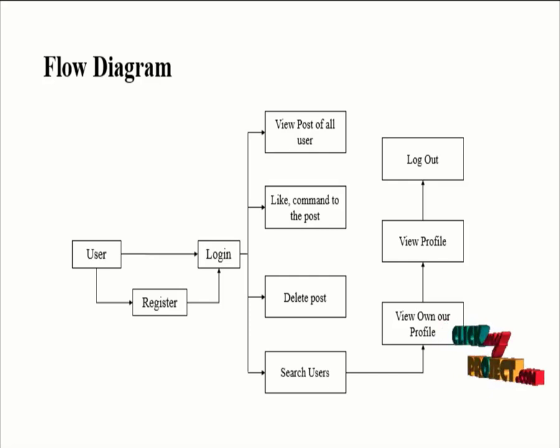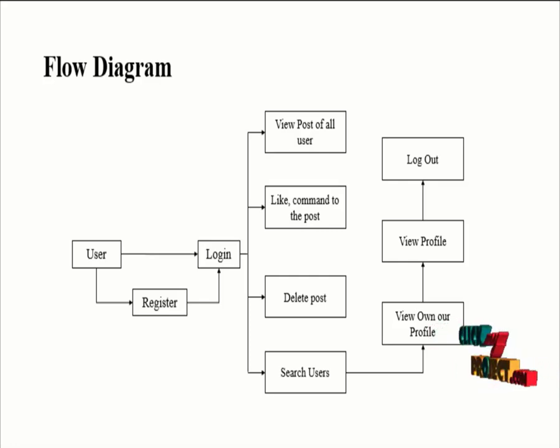Then you see the posts of all other users and your own. A list of all the posts is displayed here. If you like a post, click the like button or double tap the image to like it, and you can comment on the post. You can also delete a post, but only your own post can be deleted.